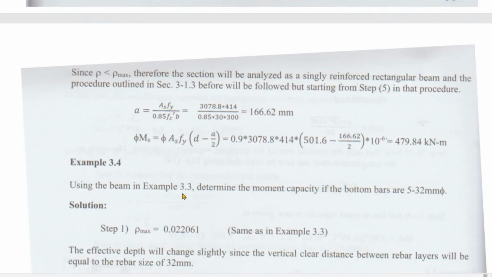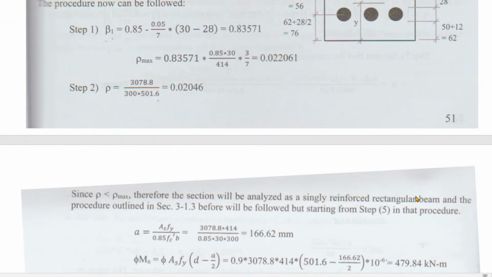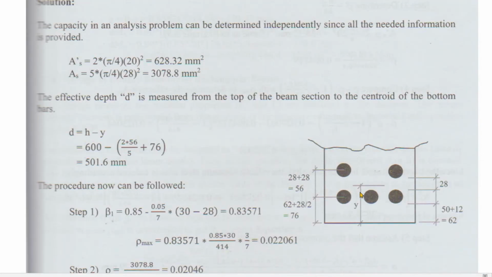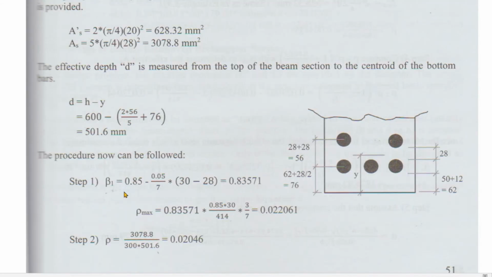Next, using the beam in example 3.3, determine the moment capacity if the bottom bars are 5 pieces na 32. Yung using the same example, ito magiging 32 naman na. So, magiging 5 pieces na 32 mm ang kanyang AS.